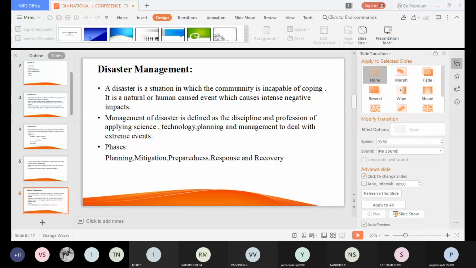Management of the disaster is defined as the discipline and profession of applying science, technology, planning, and management to deal with extreme events. So management means we could plan and manage the situation by applying science and technology.